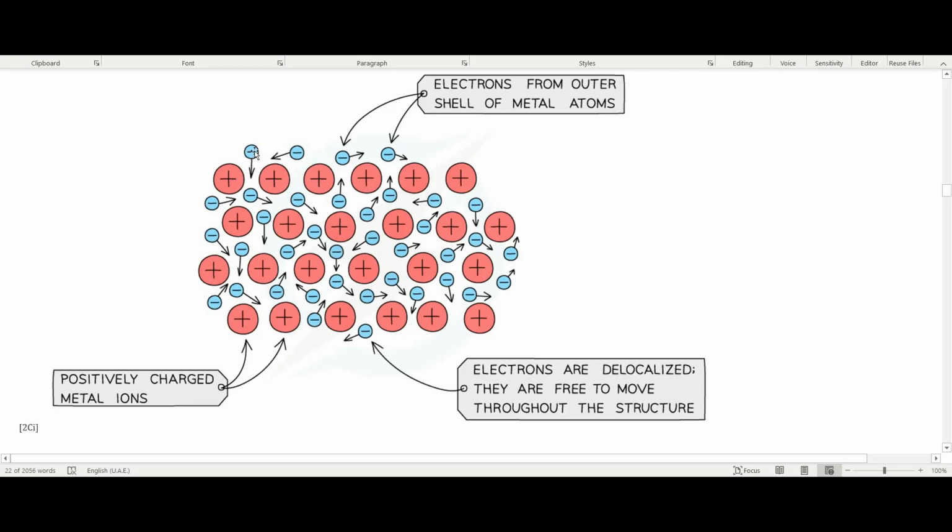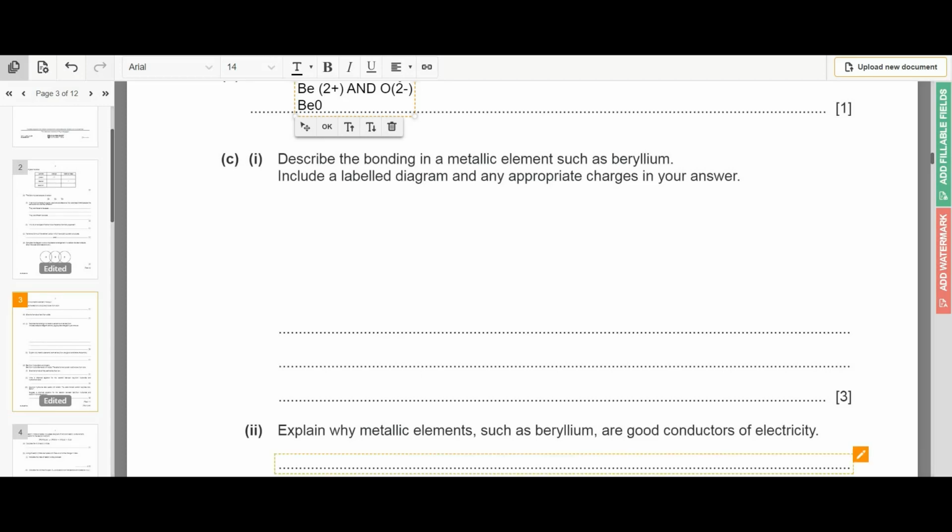You also need to show their movement, and they should not be touching each other. Leave some space between the electrons and the positive charges, and show how they are moving, their behavior while moving.